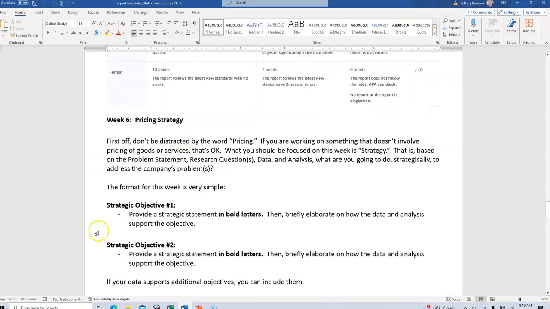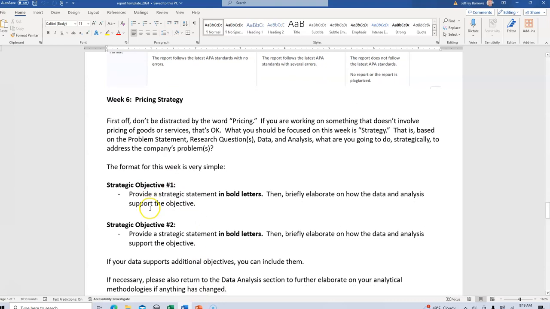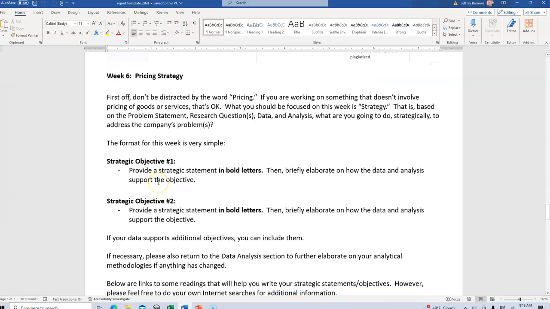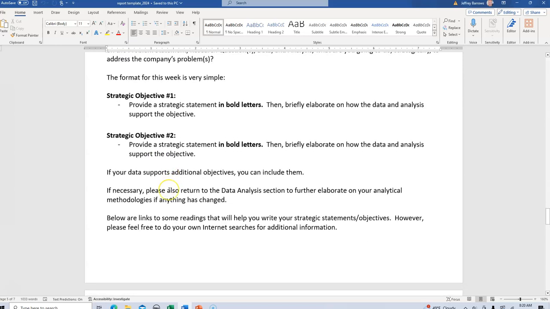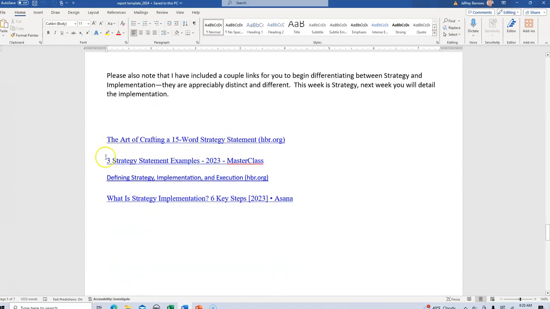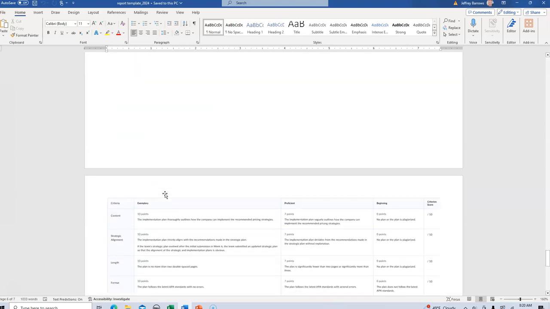If we use the idea of prescriptive, I have prescribed how I would like for you to put this together in the report. Again, I won't read it to you here, but I want to make sure that everybody knows that the template is out there, and make sure you take a look at it. And then there are some ideas on writing a strategy statement, and then describing the difference between strategy and implementation.